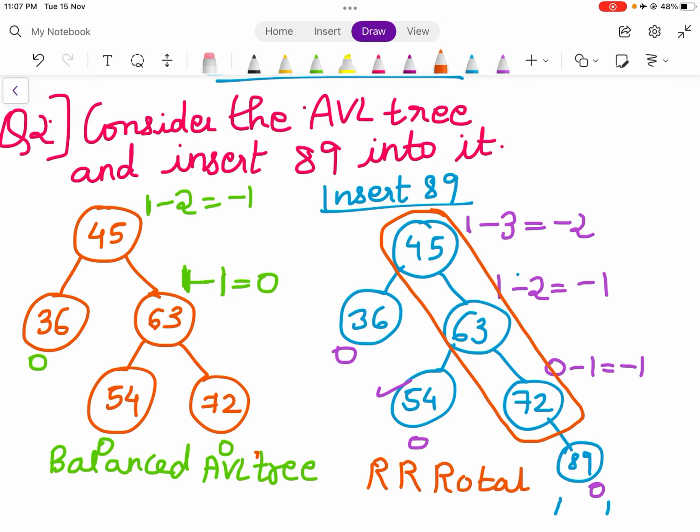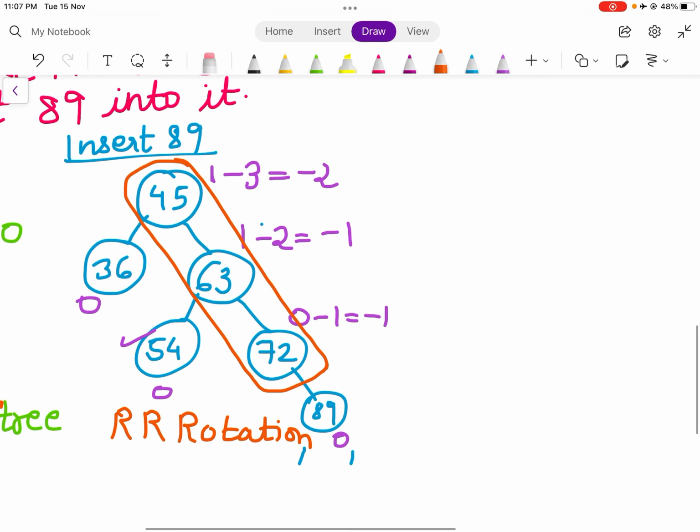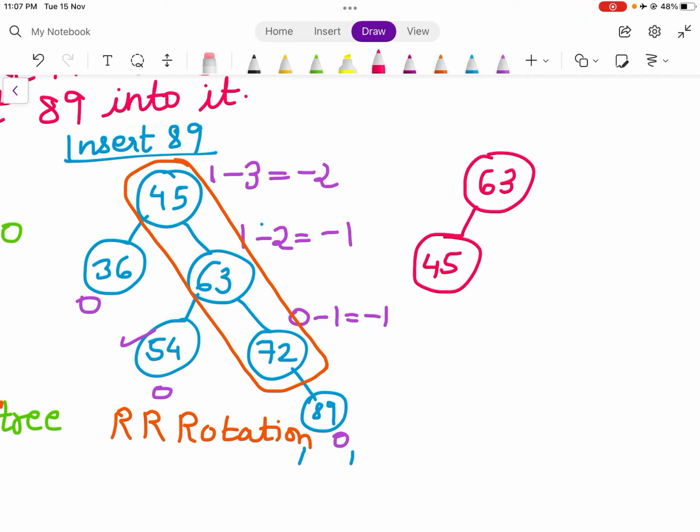When I perform the right rotation, what do I get? I get 63 on top. 45 is lesser than 63, so it is the left child of 63. 72 is greater than 63, the right child of 63. Then to the right you have 89.